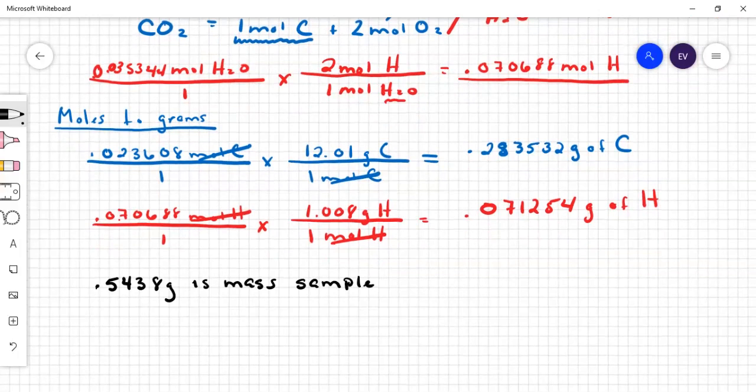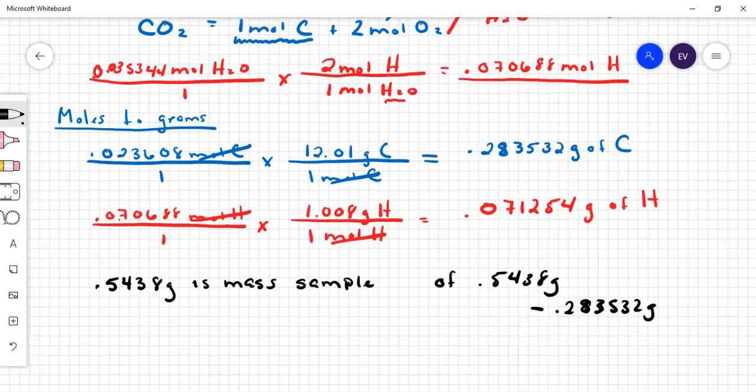Now we just figured out that of those 0.5438 grams, 0.283532 grams is carbon, and 0.071254 grams is hydrogen.